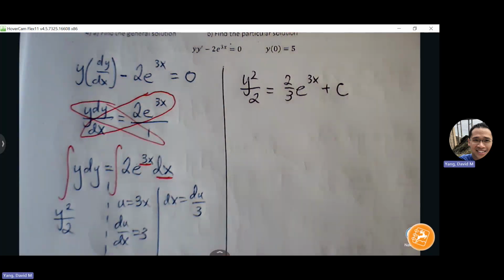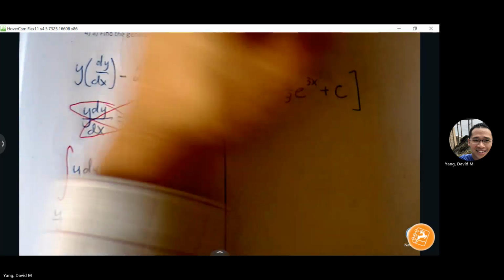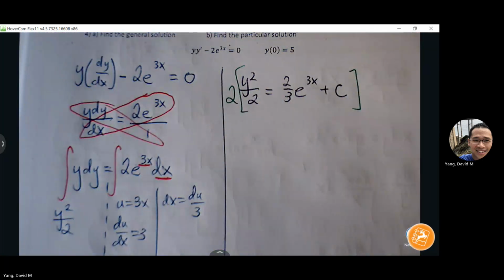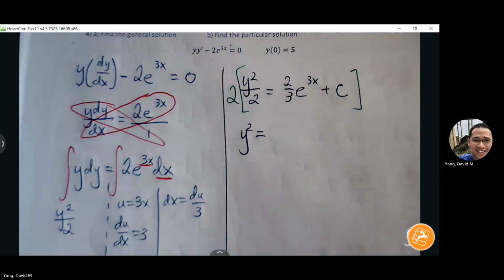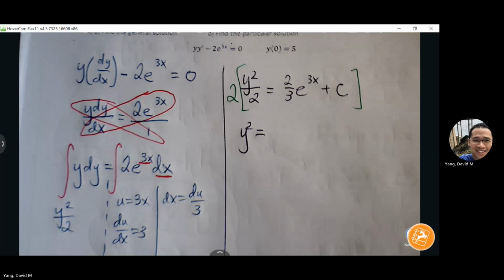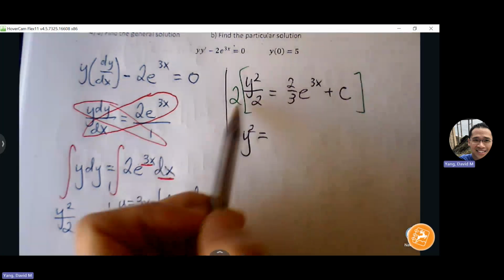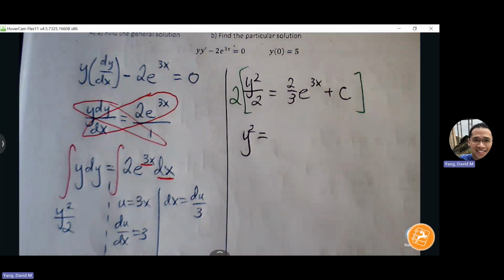So I'm going to multiply everything through by 2, and then distribute the 2 through. I get 4/3.